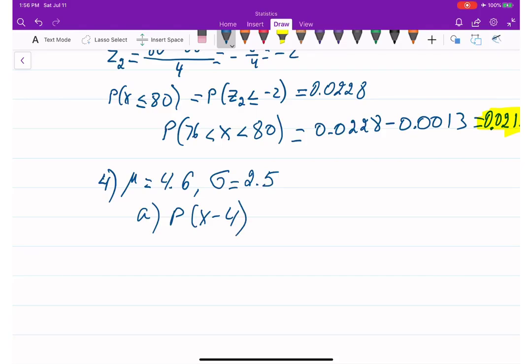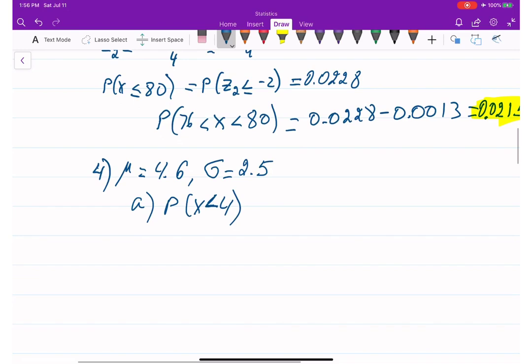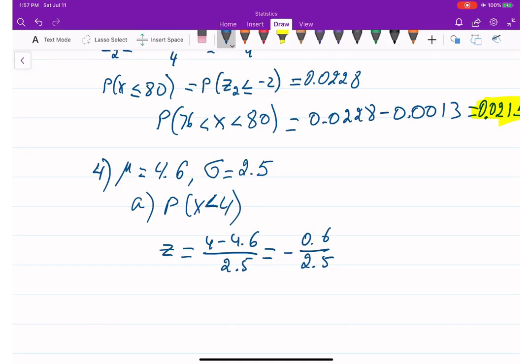Okay. So we are already familiar, right? Less than 4. So the z-score is equal to 4 minus 4.6 divided by 2.5. We are getting negative 0.6, and we divide by 2.5. So 0.6 divided by 2.5 gives us negative 0.24.